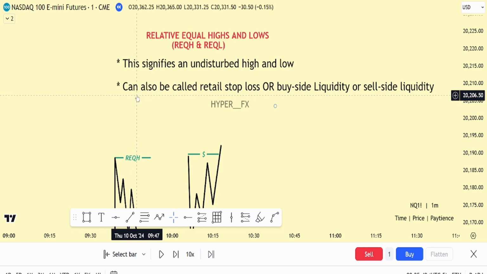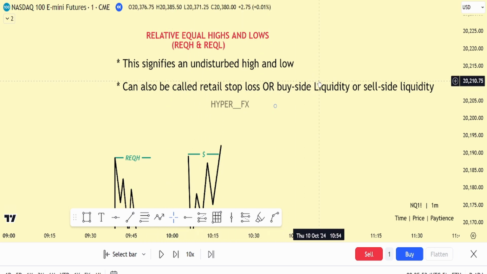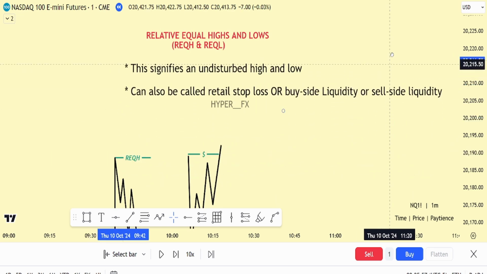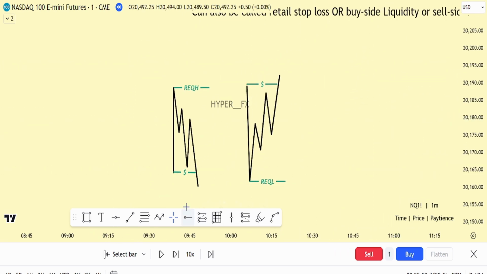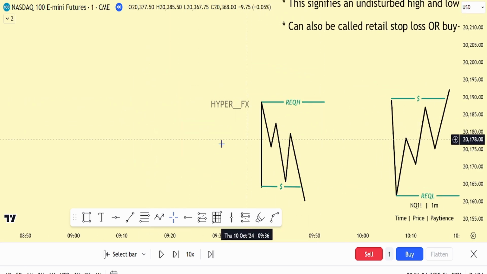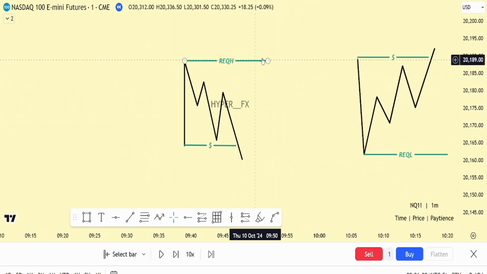You can say that they are called retail stop loss, or buy side liquidity, or sell side liquidity.